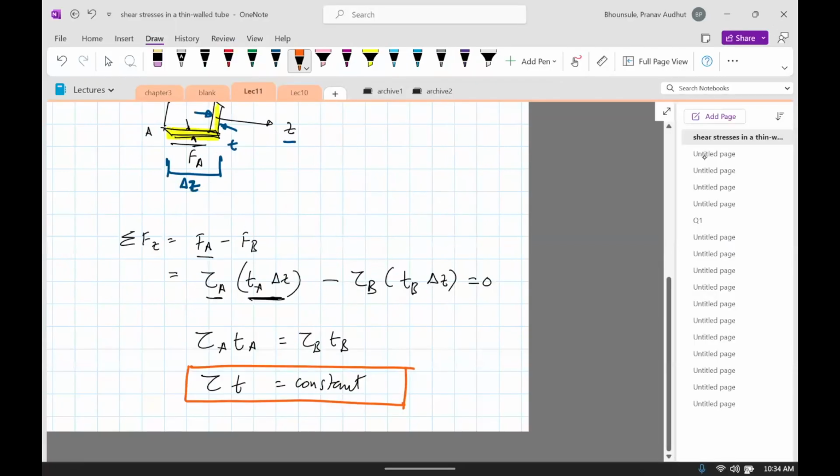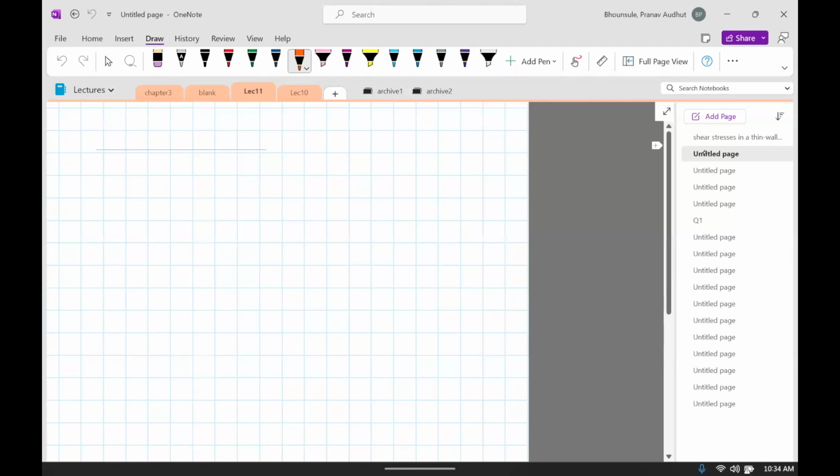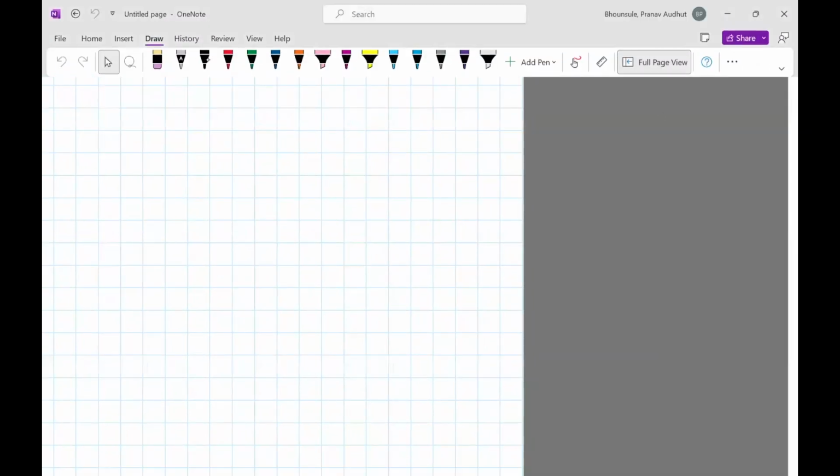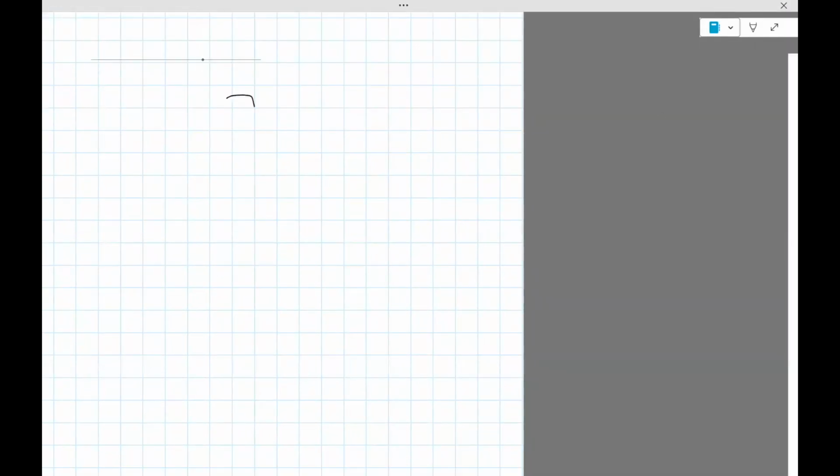For this, I would draw the cross section in the thin shell. Let's consider a small element, let's call that ds.